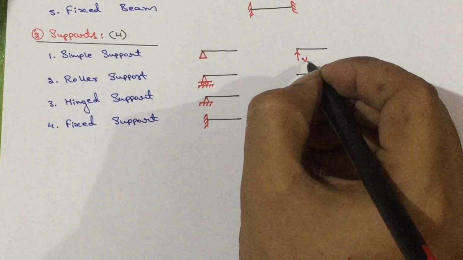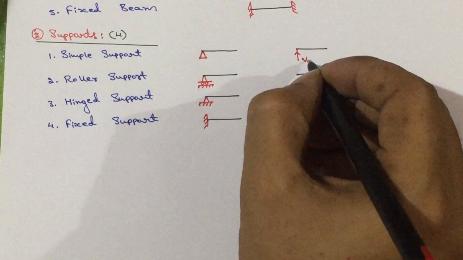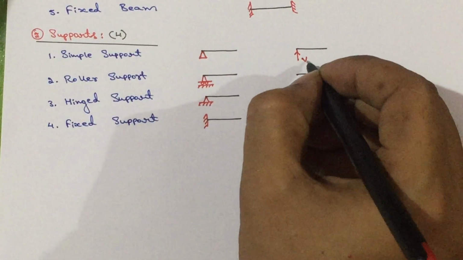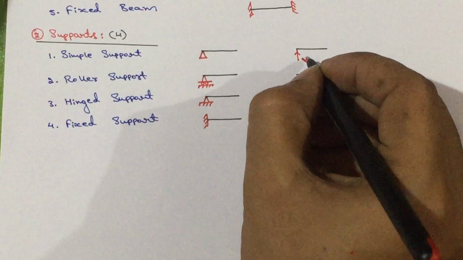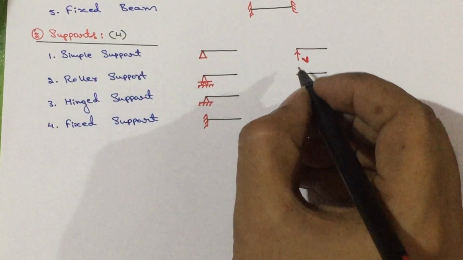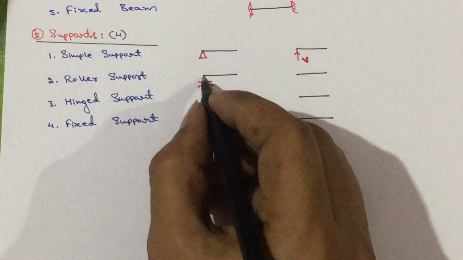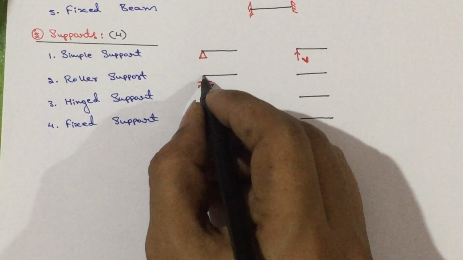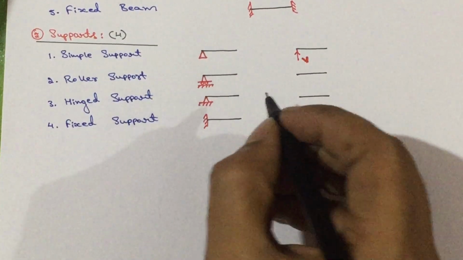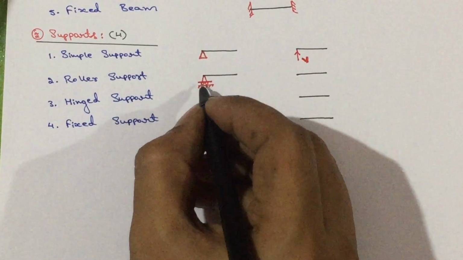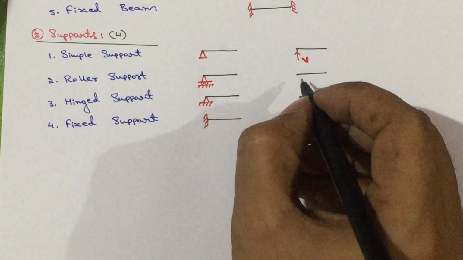Let us call that one as VA or VB, whatever it is. Let it be V. Then roller support is having only one reaction that acts perpendicular to the plane, that is this plane.